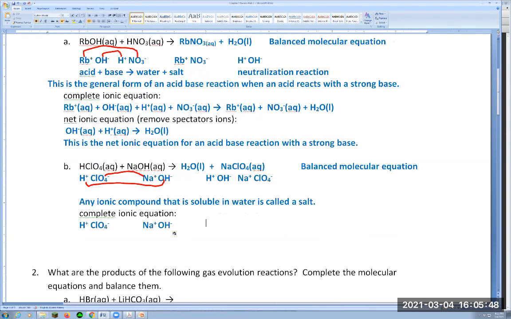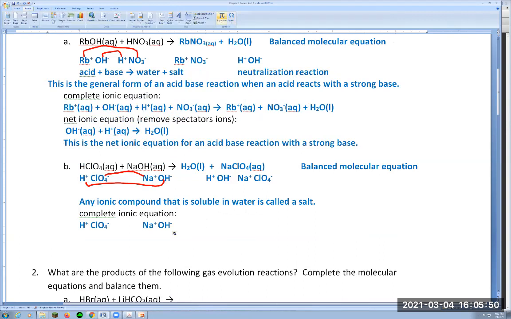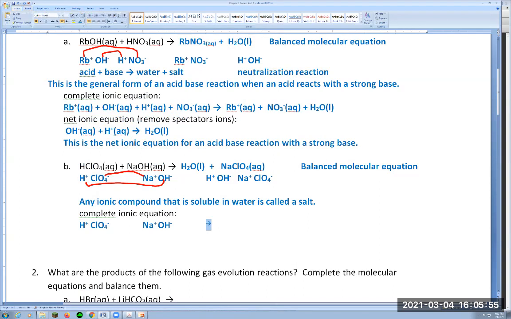That's what we have on the left side. Then on the right, we have water. Remember how water stays the same. It's not a mixture of ions, it's the molecule of water that is made here. So you have to keep it as water. You cannot make it ions.